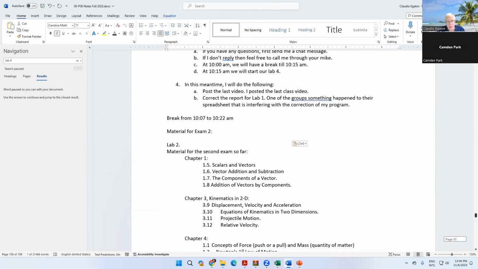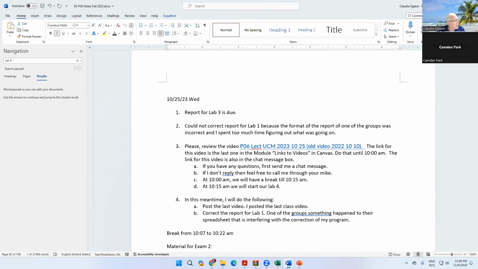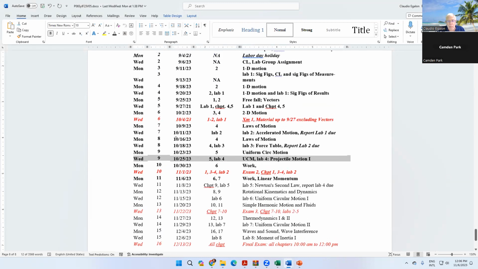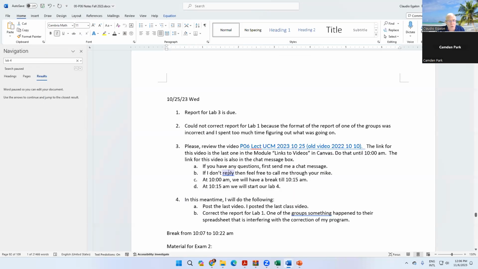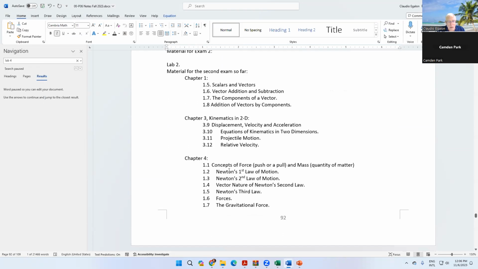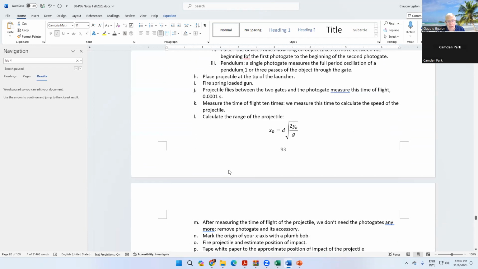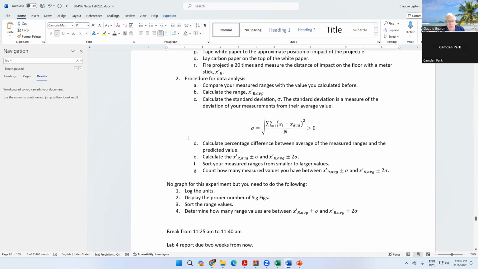Okay, so here you go. When was lab 4? Lab 4 was the 25th of October, right? Right in here. Lab 4. Okay, I gave you the equation for sigma.